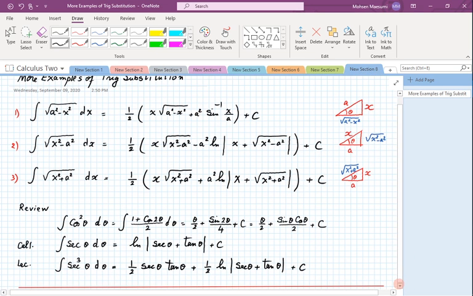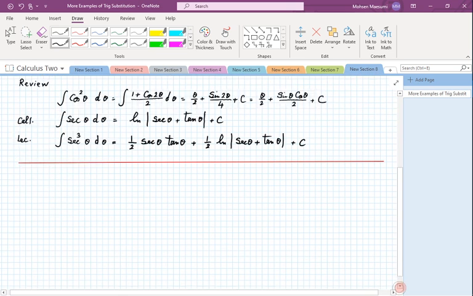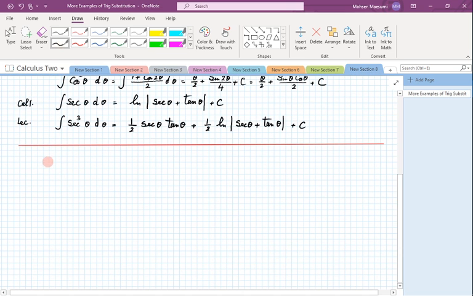So integral of a squared minus x squared. Let me rewrite that. Integral of a squared minus x squared dx, of course.